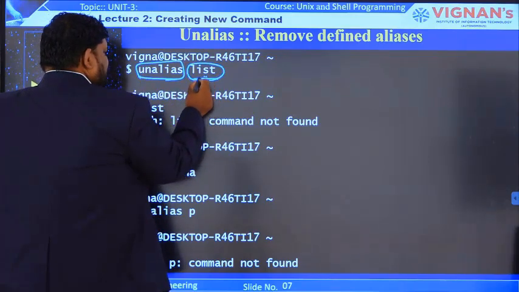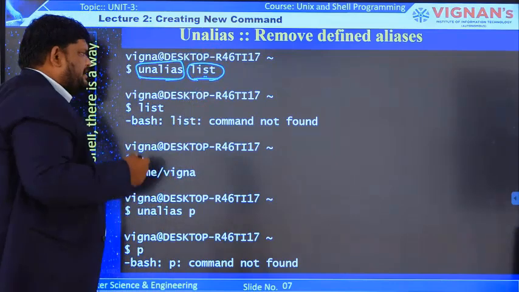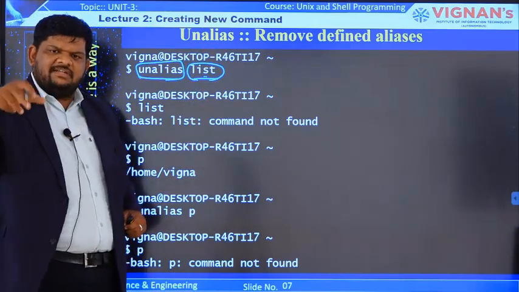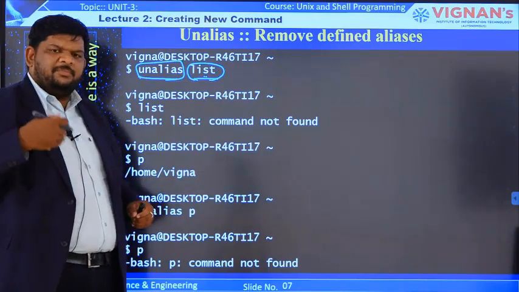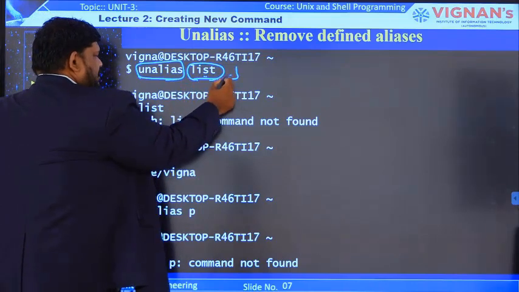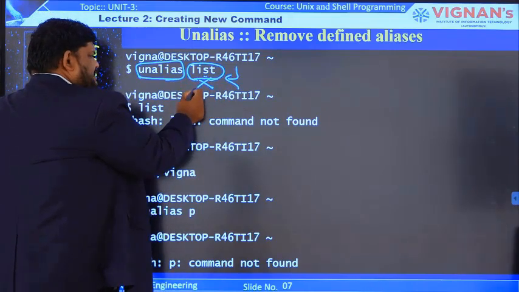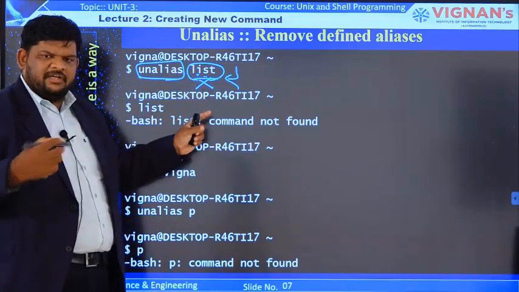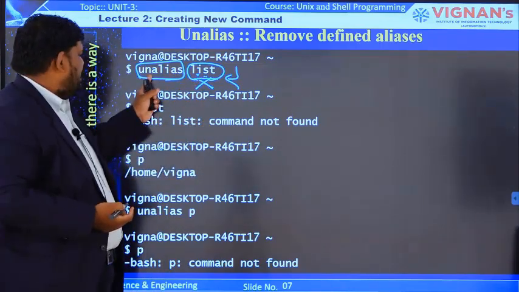This list is what we created before using the alias command, alias space list. For that list we assigned some command. Now I am removing that alias name. So unalias space list, enter. Now this alias will be removed from the alias list. It is possible only with the help of unalias.